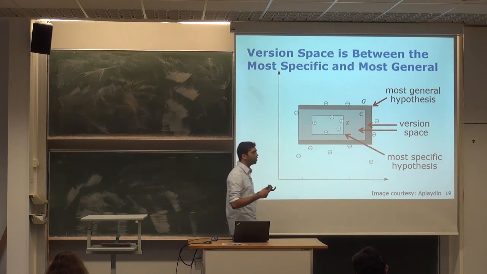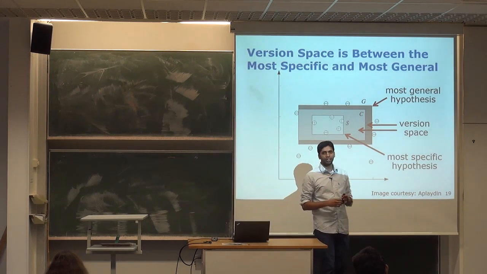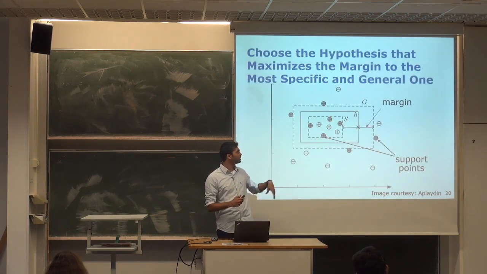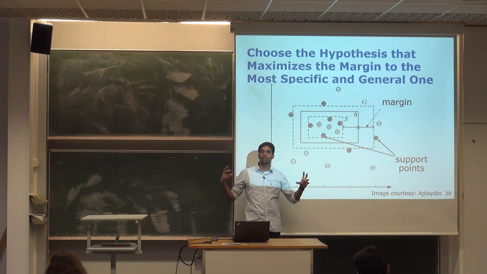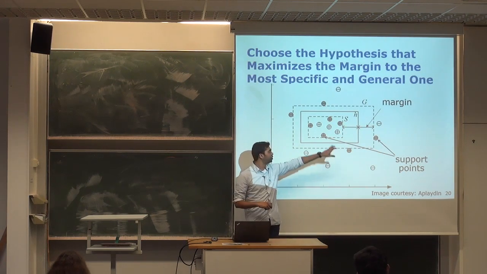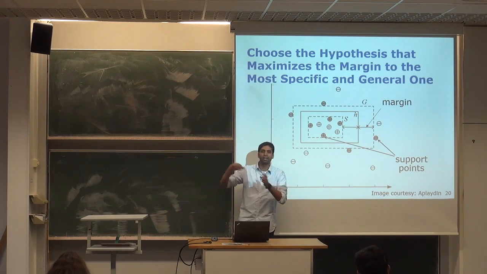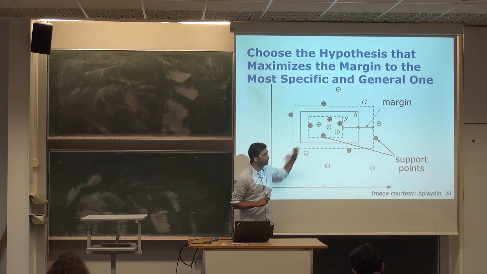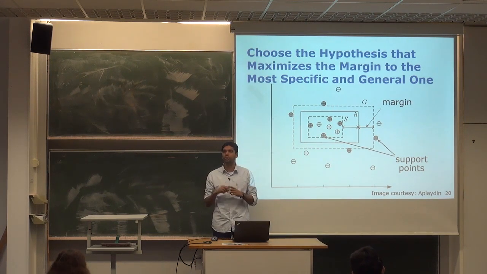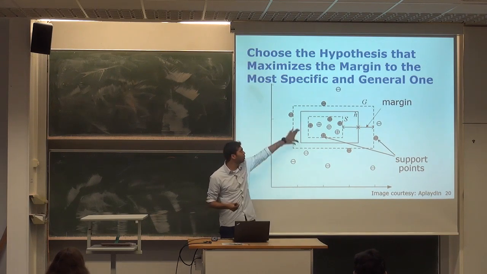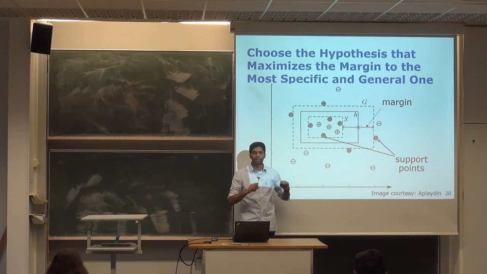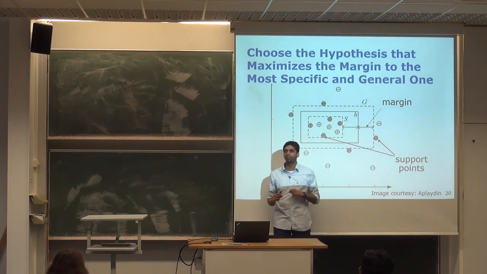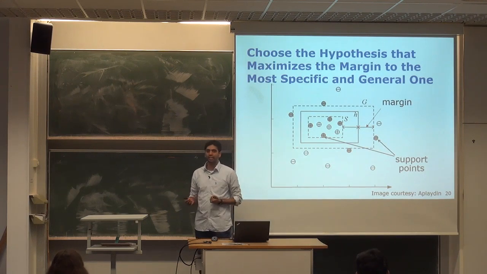Of course, if you have no prior information, one of the best decisions you could make in this case is a box which is somewhere in the middle, right? It's neither too tight nor too wide, because if you choose a box which is too tight, maybe it doesn't work well for new unseen examples which lie right next to this box. In that case, you would classify them as not a family car if you were to consider this tight box. Whereas if you consider this most general box and an example lies really at the corner, then you also make the mistake in the other direction.